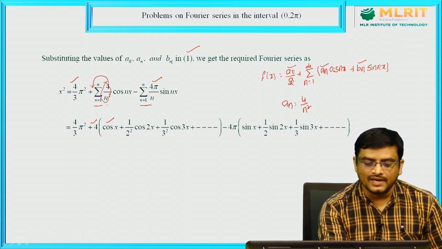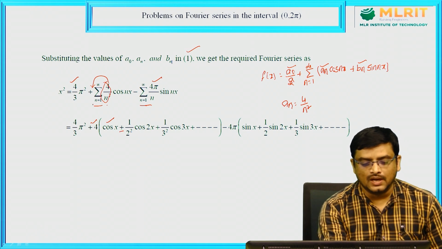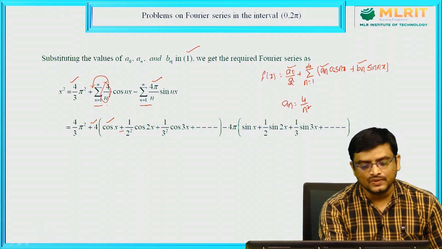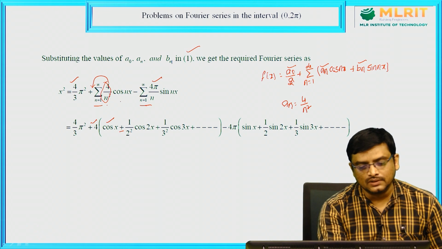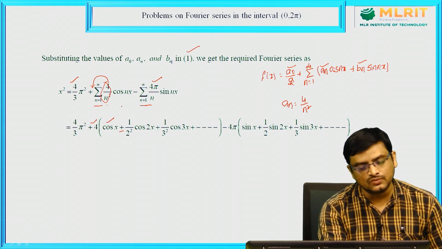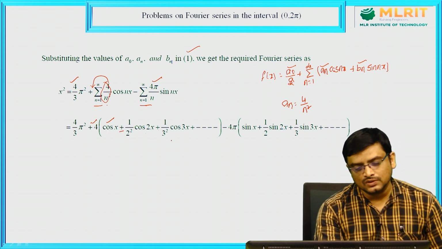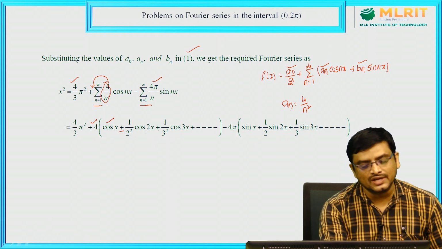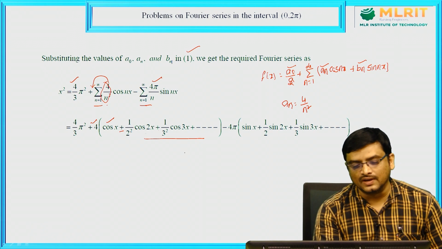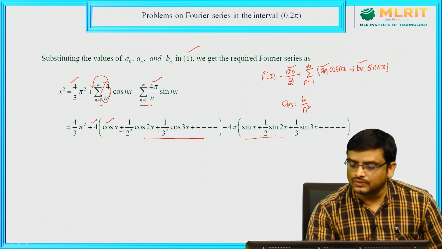Now you take n is equal to 2, since it is a summation you keep the positive sign, and you will get 1 by 2 square into cos 2x plus, now take the next value of n in order to get the next term. So next go for n is equal to 3. Like this, by taking different values of n, you will get infinite number of terms here, and similarly follow the same procedure here.